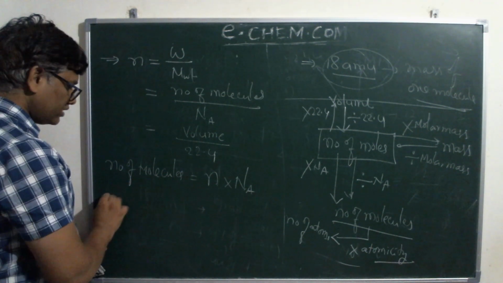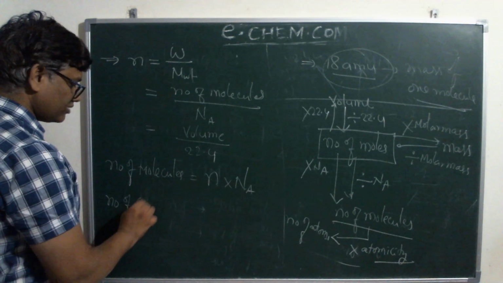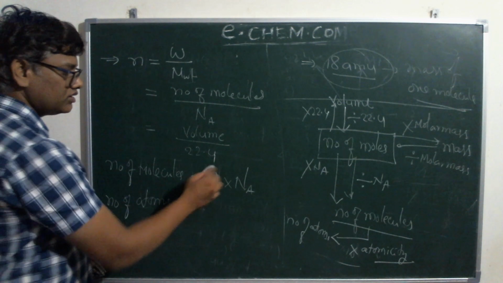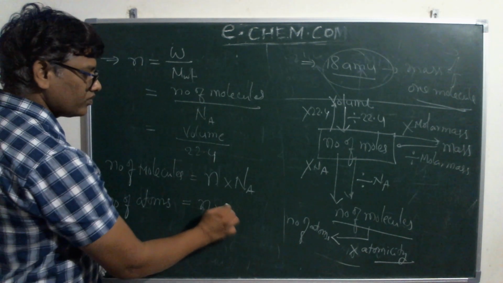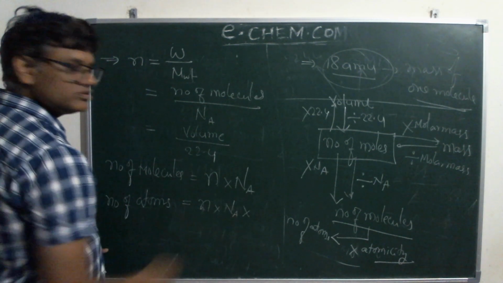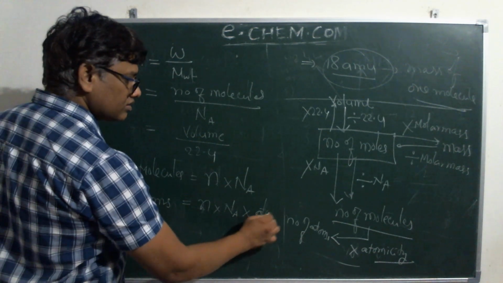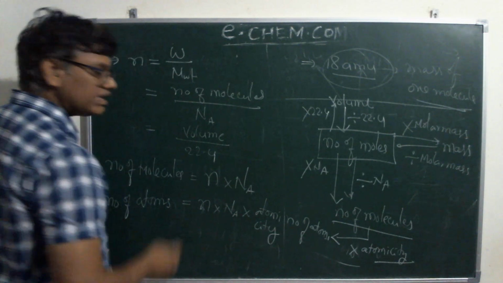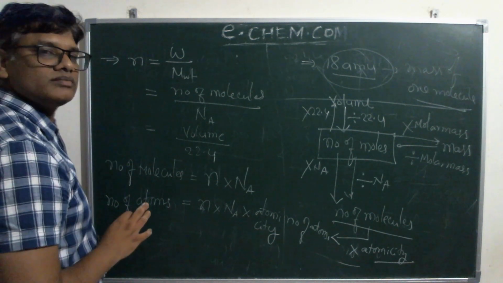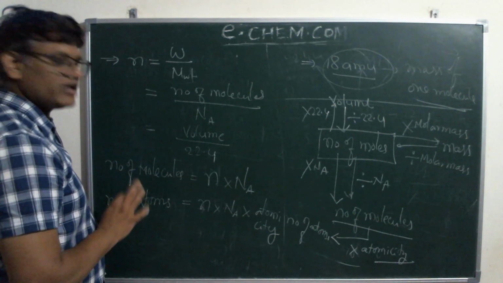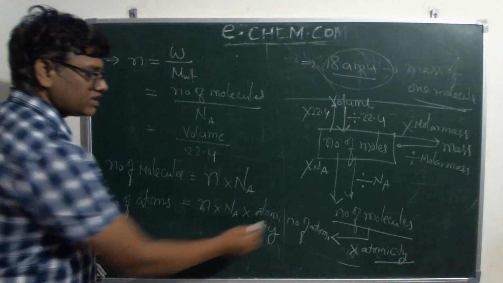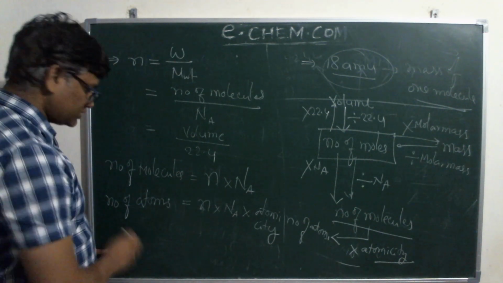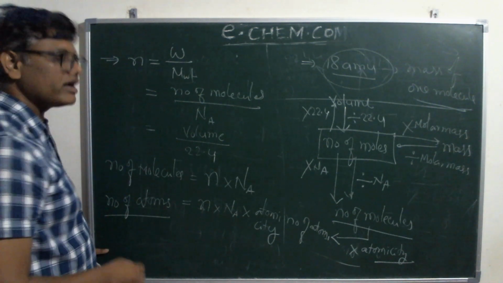If you want to calculate the number of atoms, that is equal to number of moles into Avogadro number into atomicity. Atomicity is nothing but what? It is the number of atoms per molecule. That is atomicity. Using this expression, you can calculate the number of atoms.